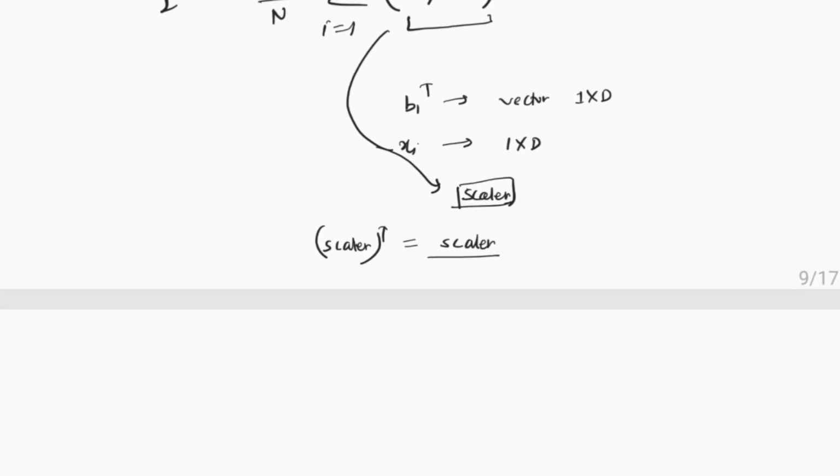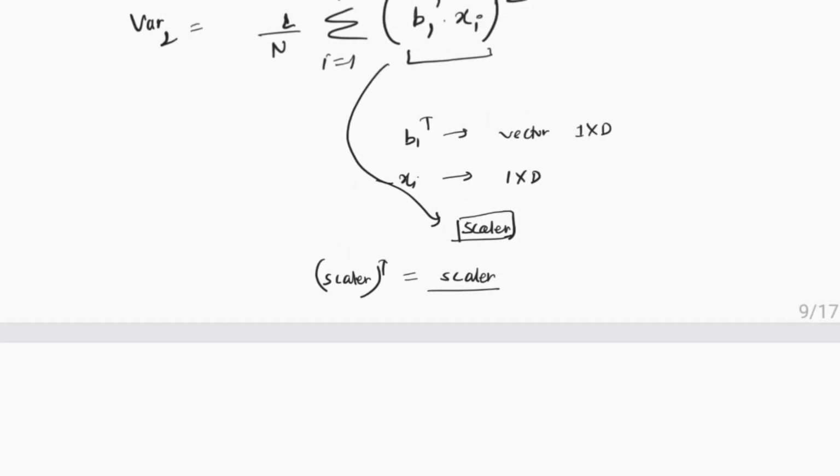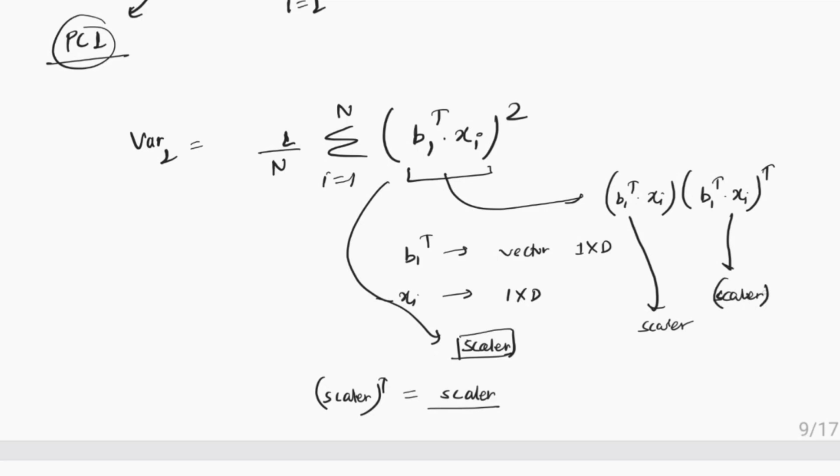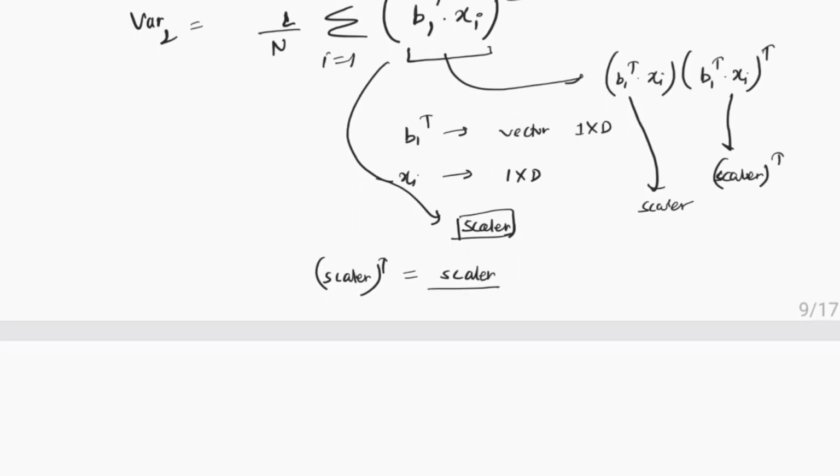So utilizing that, we will write this as b1 transpose dot xi into b1 transpose dot xi transpose. This is a scalar and this is a scalar transpose. Simple.